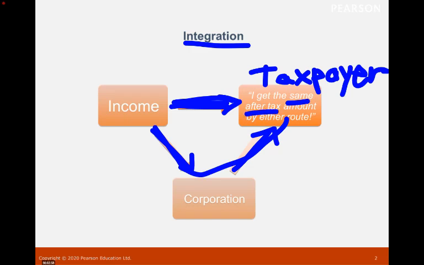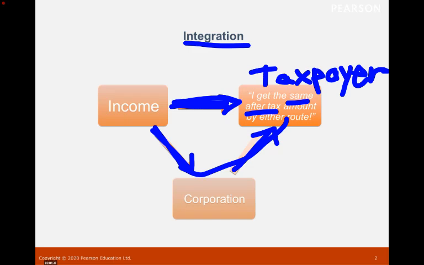Now, we aren't in a perfectly integrated system. The system's too complicated to allow for that, meaning we have too many different complications, but we still strive towards that perfect integration. So this extra tax on investment, or this different tax on investment income, plays a part of a role in integration.